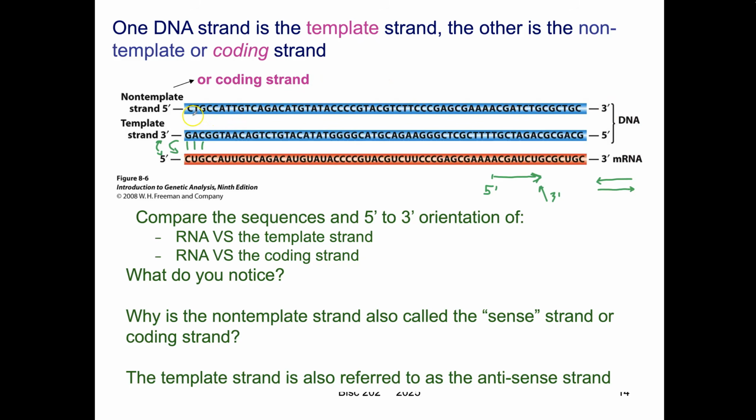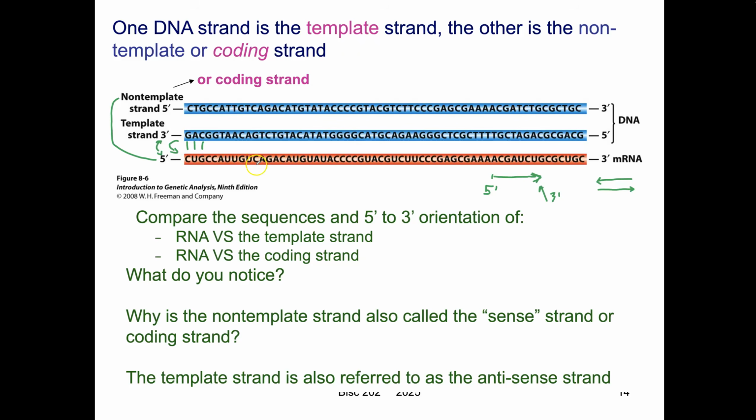Now notice the other DNA strand. It has practically the same sequence as the messenger RNA. And that's why it's referred to as the coding strand. The messenger RNA has the nucleotide information that's going to give rise to the protein structure.